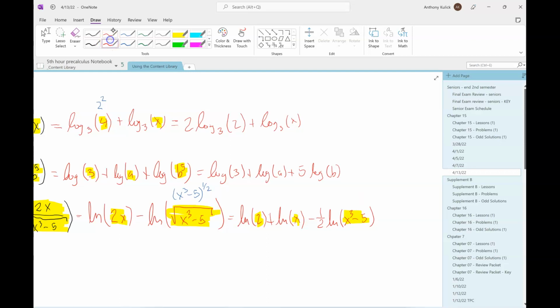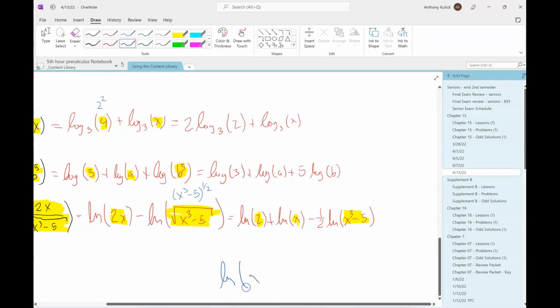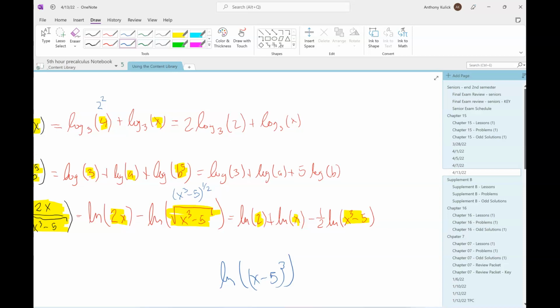The reason, Claire, is if we had this, then we can use the power property on it. We don't have that, though. The exponent is only being applied to the x, not to the entire quantity. So there's nothing more that we can do with that piece.